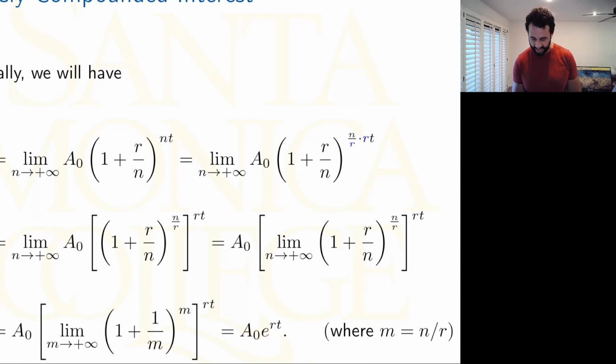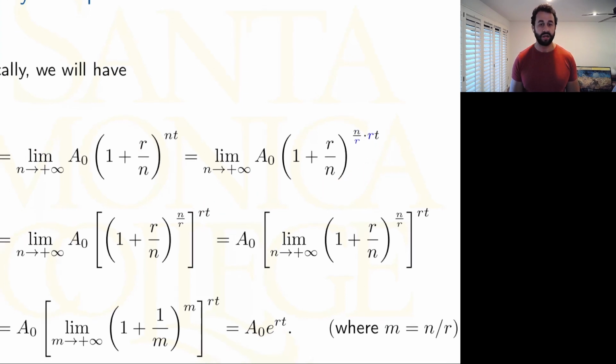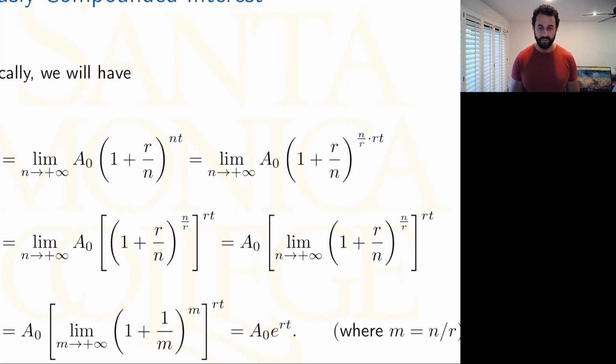What I'm trying to make happen is a pattern connection between this exponent and this number right here. You see how this is r over n and this is n over r? That means one is the reciprocal of the other. R over n is the reciprocal of n over r. And just using properties of exponents, we can pull out the rt right to here. So that's just properties of exponents there.